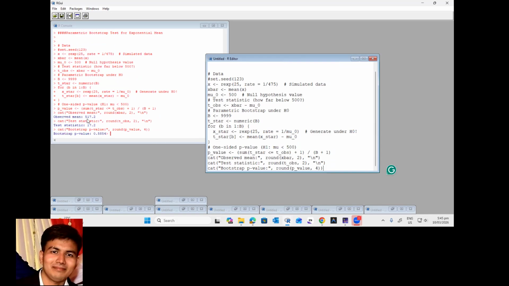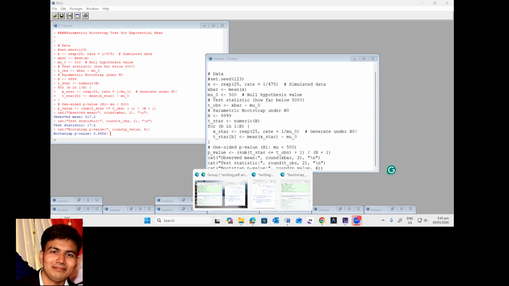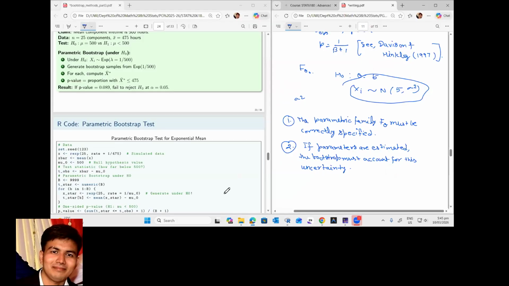So the observed mean is 517.2, the test statistic is 17.2, and the bootstrap p-value is 0.5854. So what does it mean?